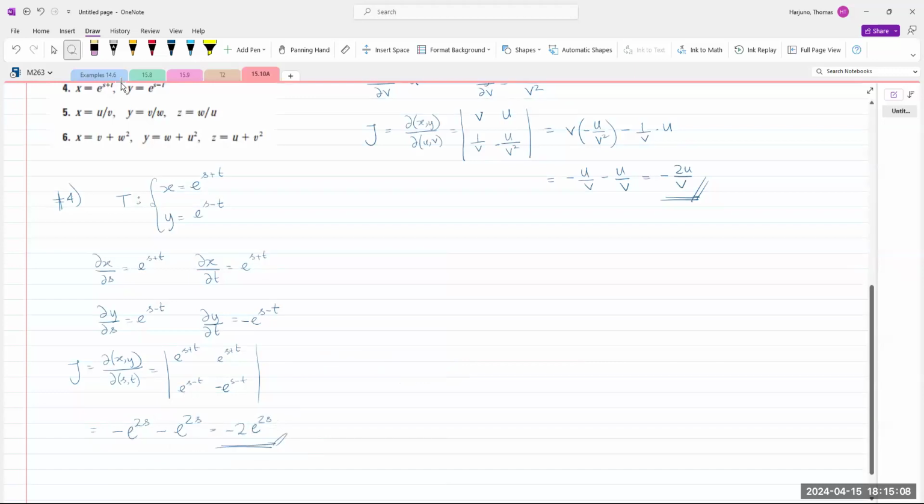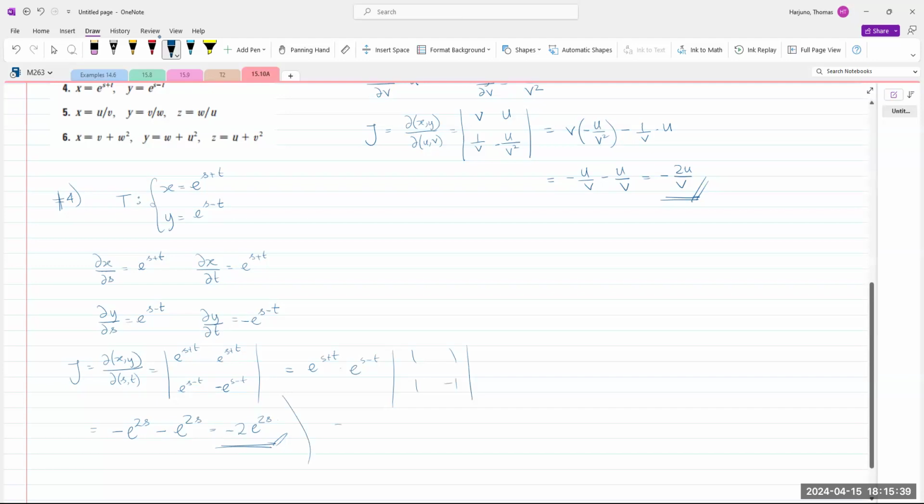Now from here I want to tell you, it's not a secret, but if you took linear algebra before, you know this: if any row or column has a common factor, we can factor that out. So in this case, we can factor out from the top row e to the s plus t, and the top becomes 1 and 1. The bottom row, we can also factor out e to the s minus t, it becomes 1 and negative 1.